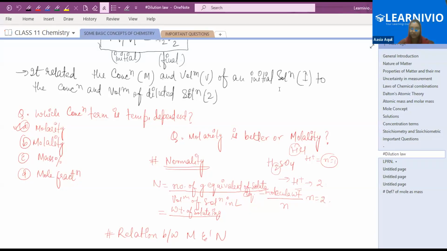But the molarity does. Temperature अगर increase होगा decrease होगा then your molarity changes, but your molality doesn't change because it depends on the mass of solvent in kg, right? What is the formula for molality? Molality is the number of moles of solute divided by the mass of solvent in kg, right? So that's why molality is a better option than molarity.